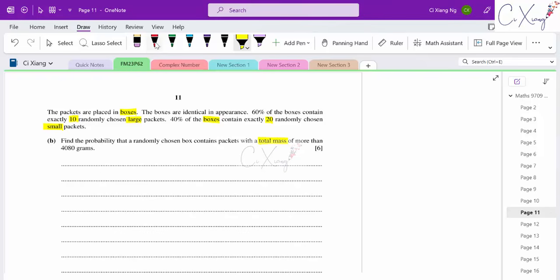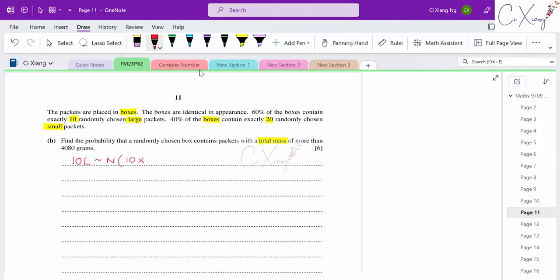Okay, alright, so before we calculate the probability for the boxes, we need to separate them out first. So we have two kinds of box. The first one has 10 large packets in the box. So the linear combination for large packets is still normally distributed. To get the new mean for 10L, it will be 10 times the mean.